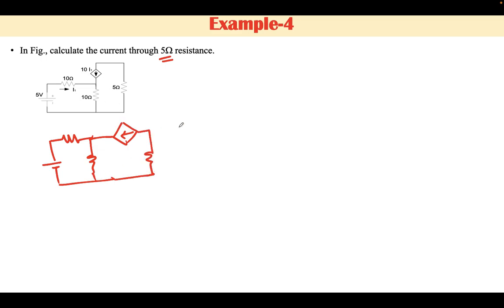These two networks are the same. This is 5 ohm, this is 10 ohm, this is 10 ohm, this is 10 I1, and I1 is the current flowing through this element. This is I1, 5 volt plus minus.